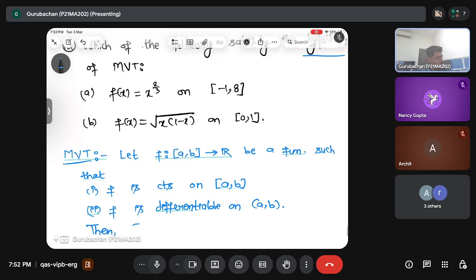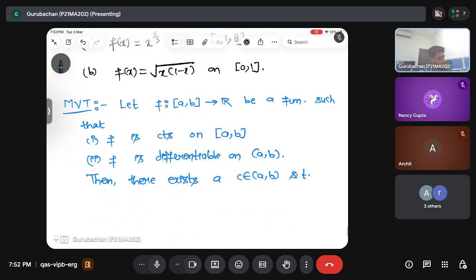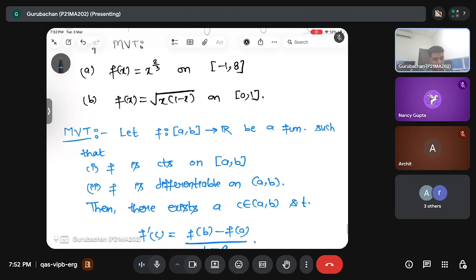Then there exists a c between a and b such that f dash c is f of b minus f of a divided by b minus a. So I'm asking whether the given functions satisfy the hypothesis of this MVT or not. Now try this.